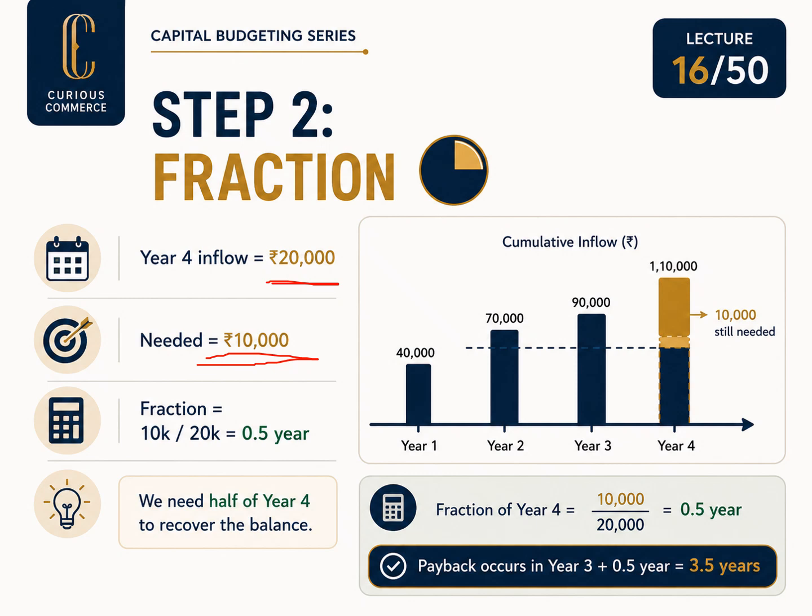That means only half of year fourth is needed to recover the remaining investment. Very simple. If remaining was 5,000, then the fraction would become 5,000 divided by 20,000, that is 0.25 years. So only one fourth of the year would be needed. This method gives accurate recovery time.